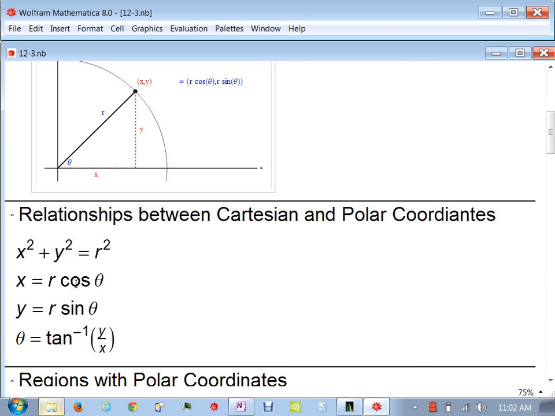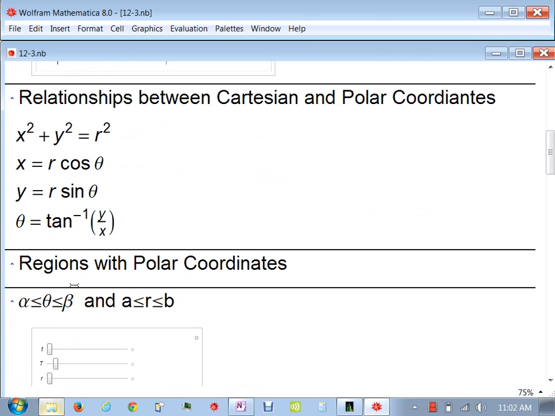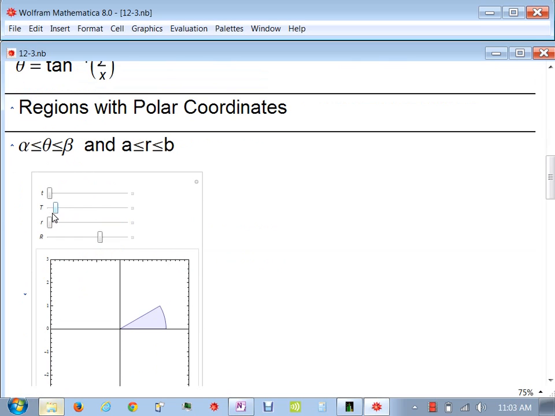And then I also went on to talk about, well, if we restrict our theta between two numbers and our radius between two numbers, then we can actually create these regions that are circles.